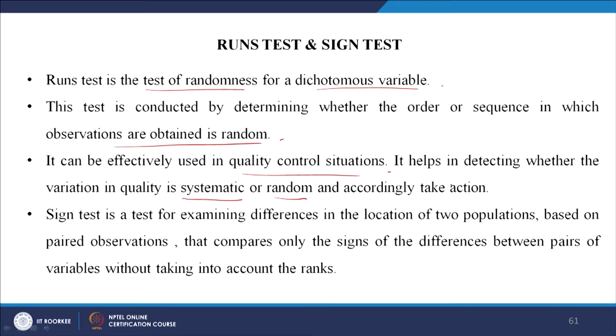On the other hand, we said the sign test, which I have been repeating, is not a very powerful test, but is a test for examining the differences in the location of two populations based on paired observations, that compares only the sign of the differences between the pairs of variables without taking into account the ranks.